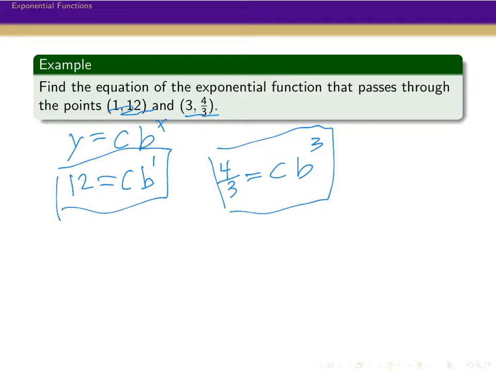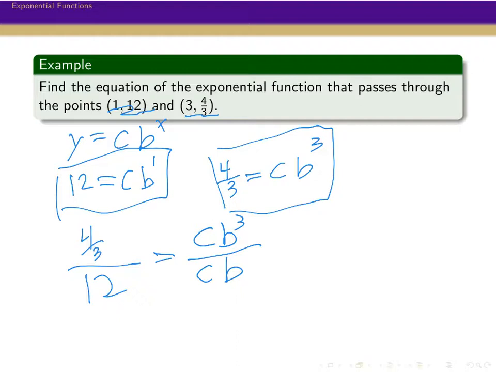Okay, so the trick here is that if I take 4 thirds and divide that by 12, well, 4 thirds is c times b cubed divided by c times b to the first power.